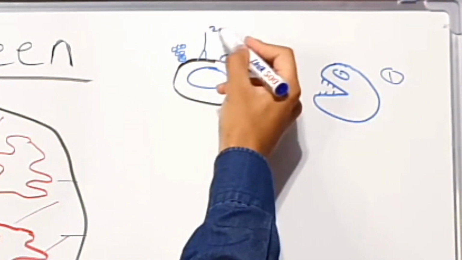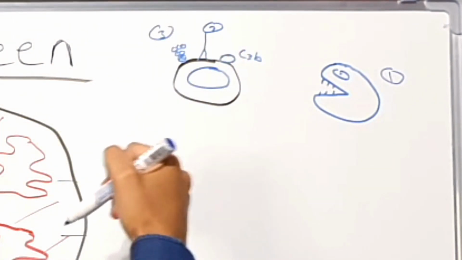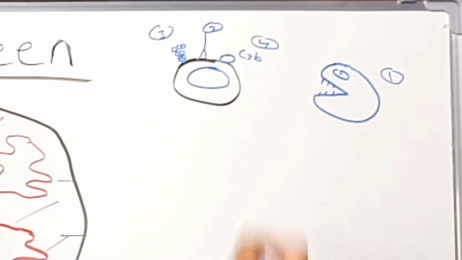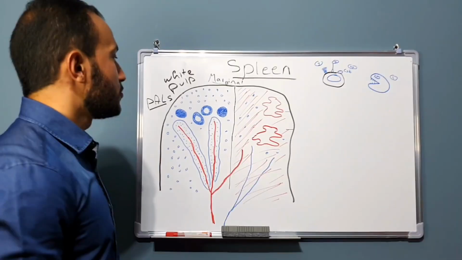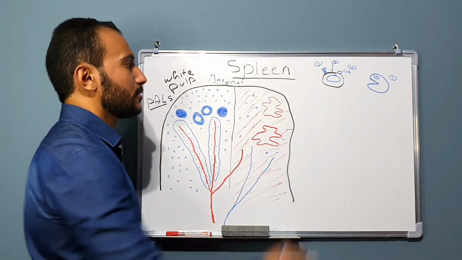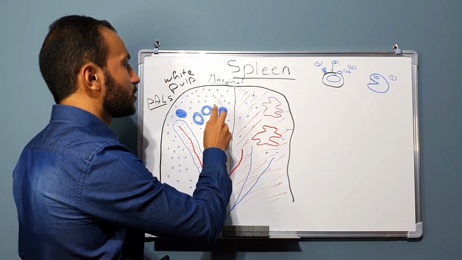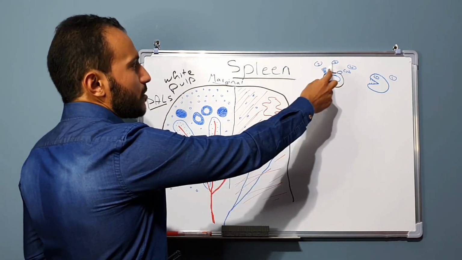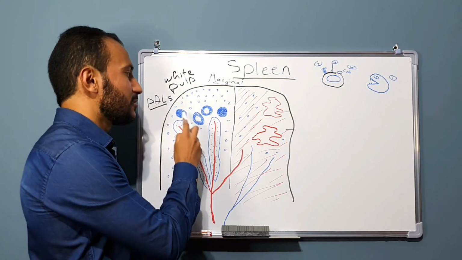So here we have the antibodies and the complement system causing death to the encapsulated organism, and also the complement system causing opsonization for the organism to be phagocytosed by the macrophages. So if we don't have a spleen, first of all, we don't have macrophages, which are present in the marginal zone and the red pulp. Second thing, there will be a lack of antibodies because of the lack of B cells in these follicles.